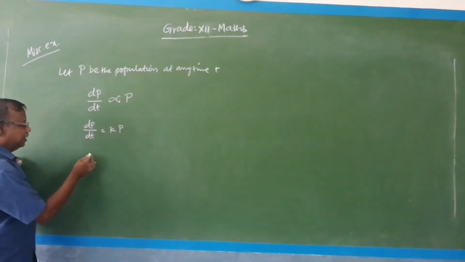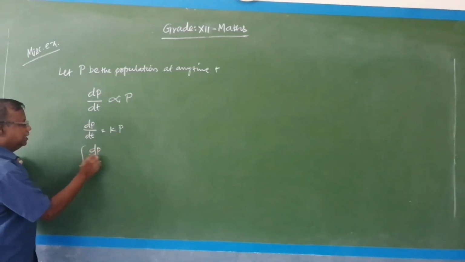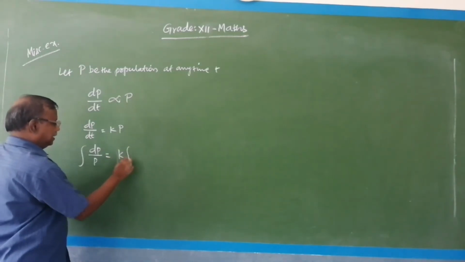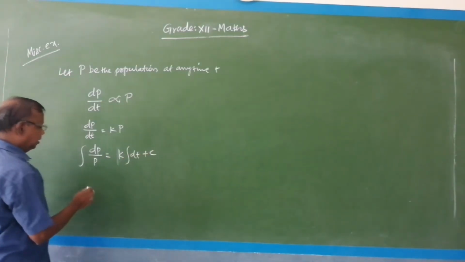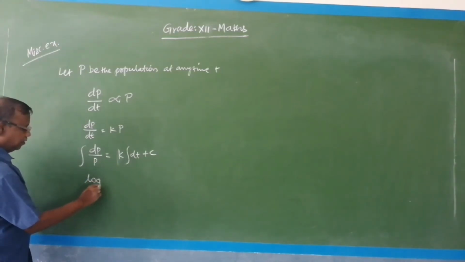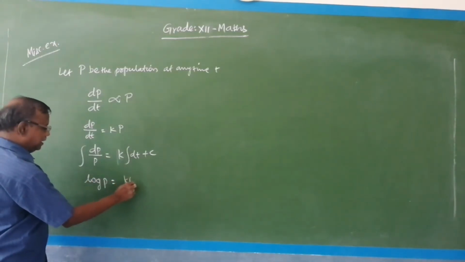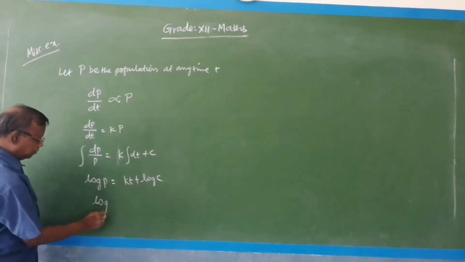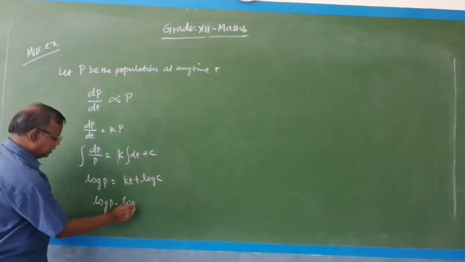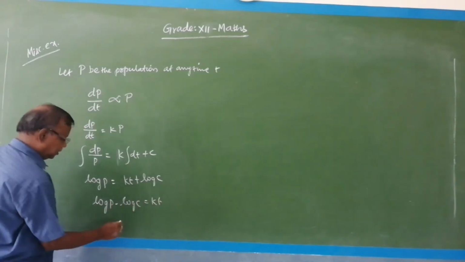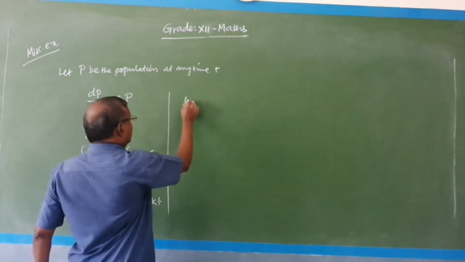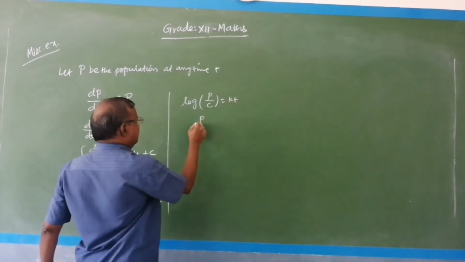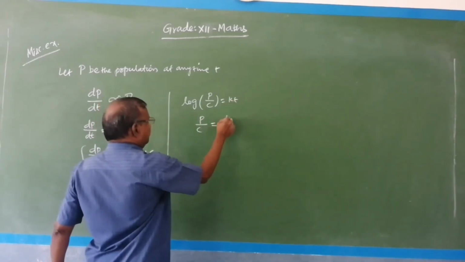Now, separating the variables and integrating, integral dp by p equal to k into integral dt plus c, or log p equal to kt plus log c, or log p minus log c equal to kt, or log of p by c equal to kt, or p by c equal to e power kt.